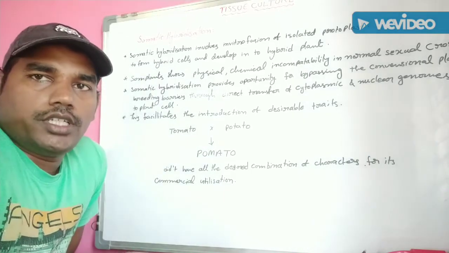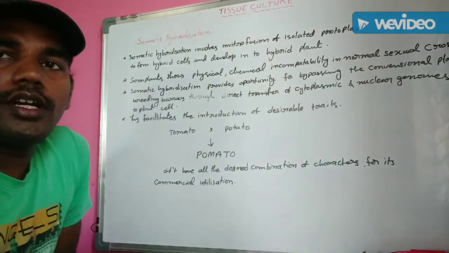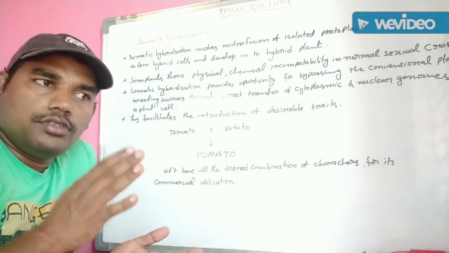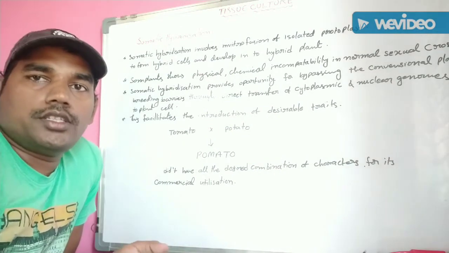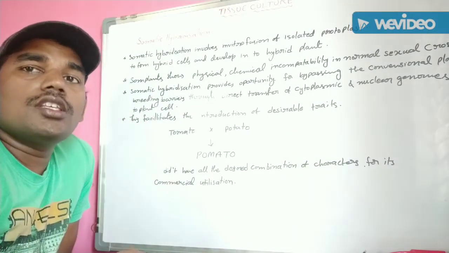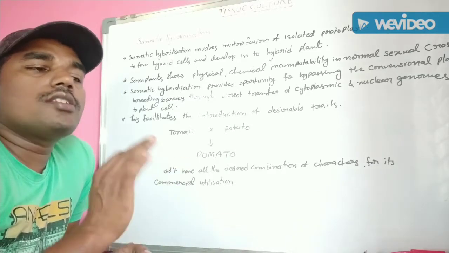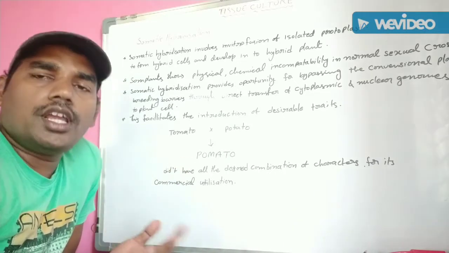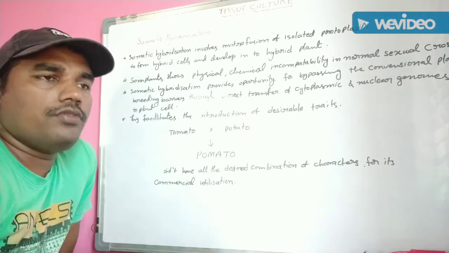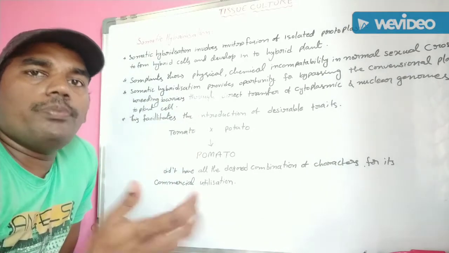One, somatic hybridization. Somatic hybridization means only the somatic cells are fused with one another. In this process, initially you degrade the cell wall. First, the plant cell wall is digested with the help of different types of cell wall digestive enzymes. Then only the protoplast is taken in the petri dish.